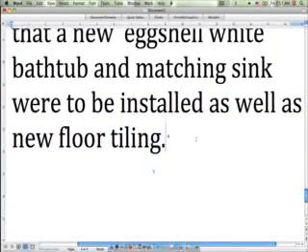Okay, so now we've mentioned the things that we were hoping that they were going to fix or to install. Okay, so now let's talk about, we go away on vacation, we come home, and the repairs that were supposed to be finished are not finished.